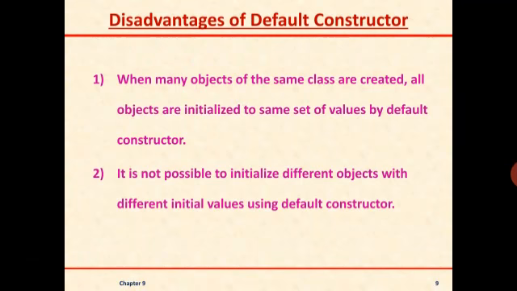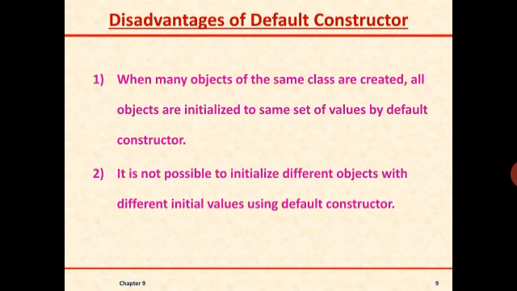Just now I have shown this with the programming example. This is one drawback. The second thing is that it is not possible to initialize different objects with different sets of values in the default constructor. So these are the two disadvantages, or limitations, of the default constructor.